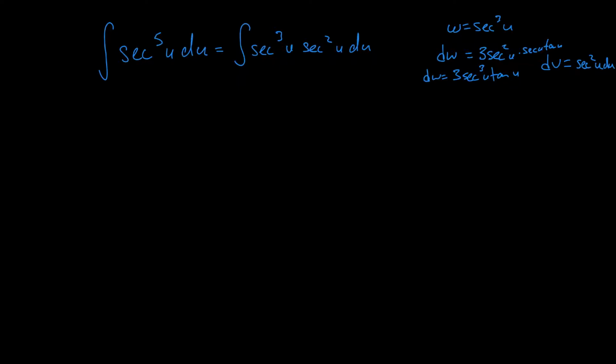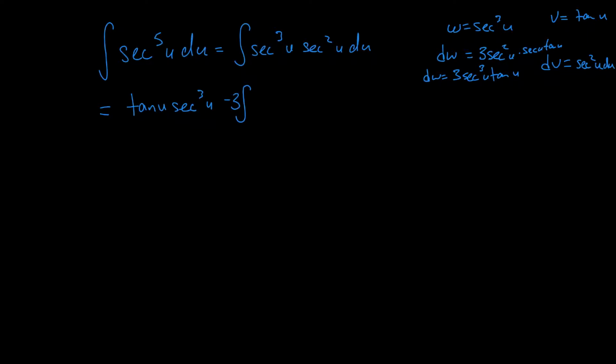That's dw. And then v is going to be tangent u. So this is going to be w times v. So that's going to be tangent u secant cubed u minus the integral of v dw.